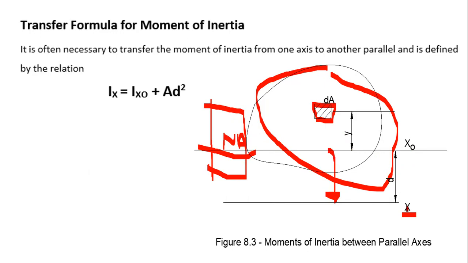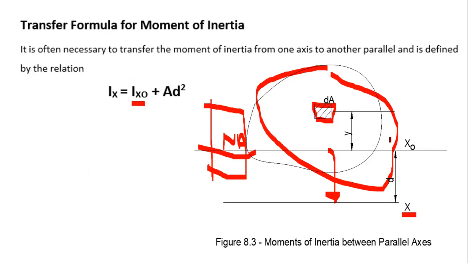This is very evident in built-up designs, especially in steel structures, a combination of angle bar and plates that form an I-beam or a T-type structure. What possible structures do we use in structural steel design? So we transfer using this formula.